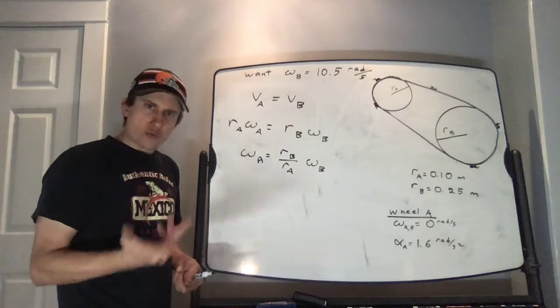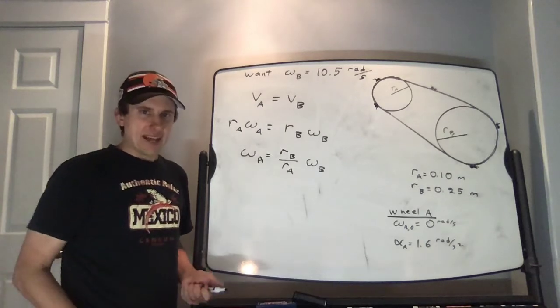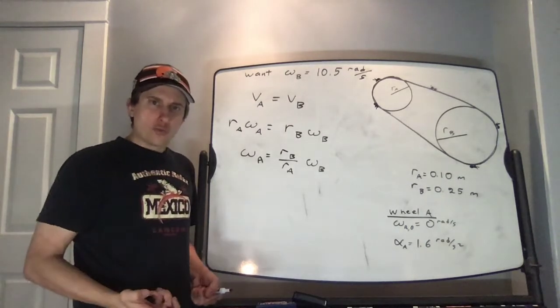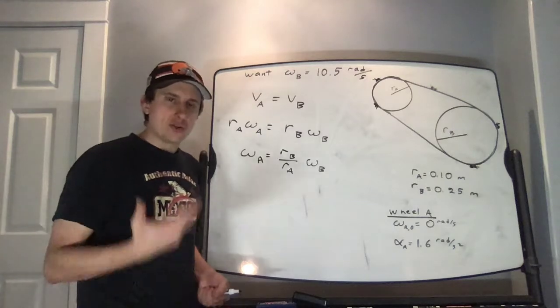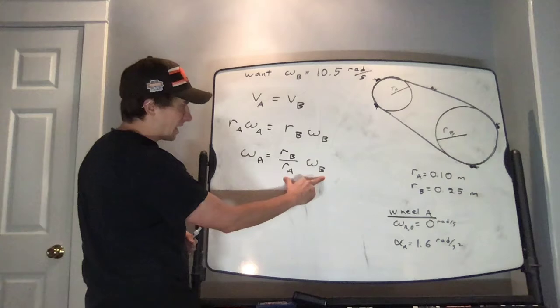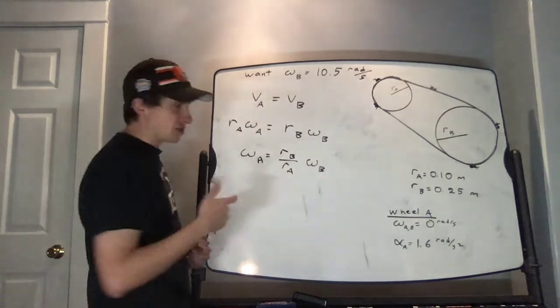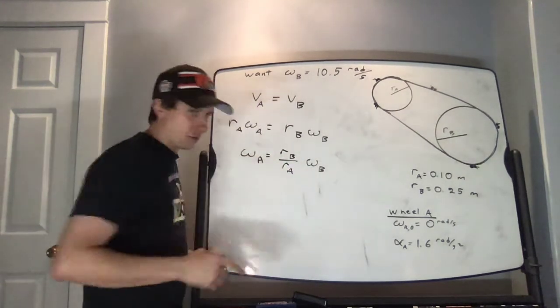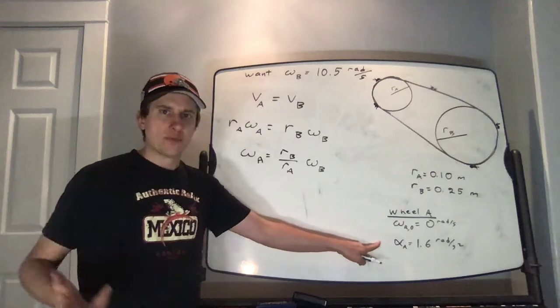So now we could rephrase this question as asking, how long will it take wheel A to reach a final angular velocity given by this if it is to have a constant angular acceleration of this much?